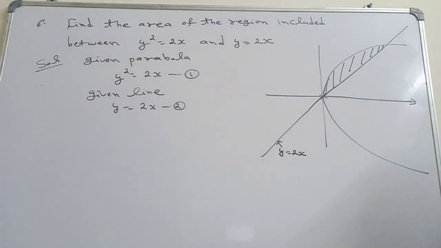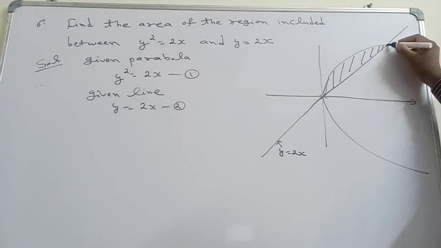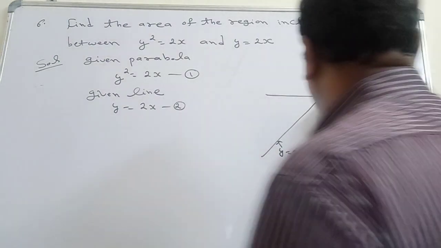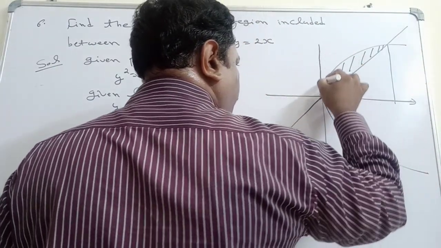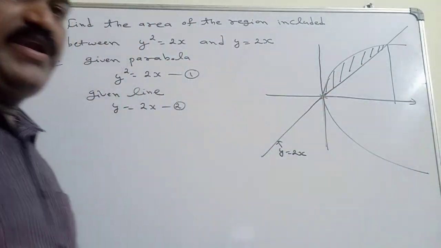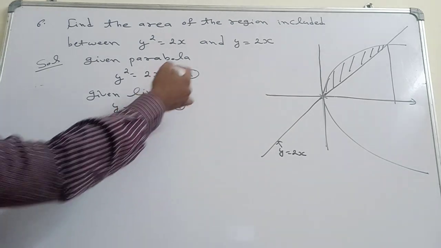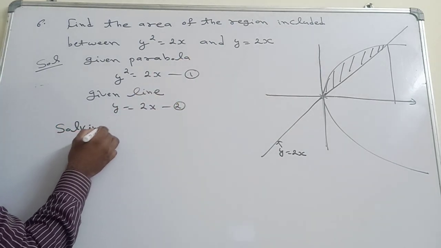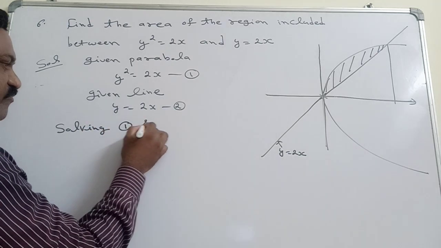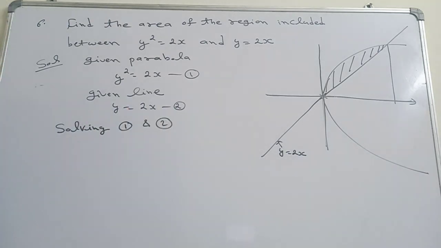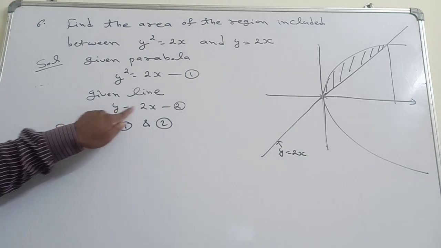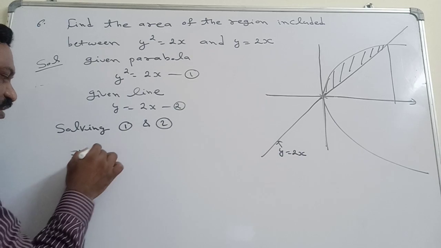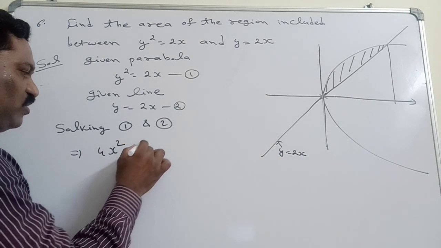To find this area, we can observe that the curve as well as the line meet at two different points. First you should find their point of intersection. For that, we will solve equations 1 and 2. From equation 2, the value of y is equal to 2x. We will keep that y value in equation 1. Then y square, that is 4x square, is equal to 2x.